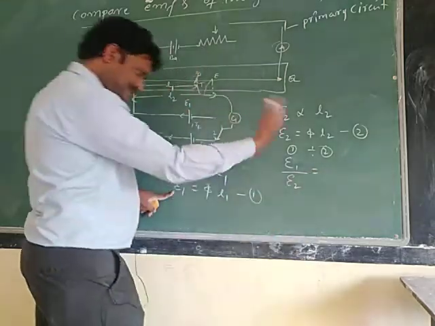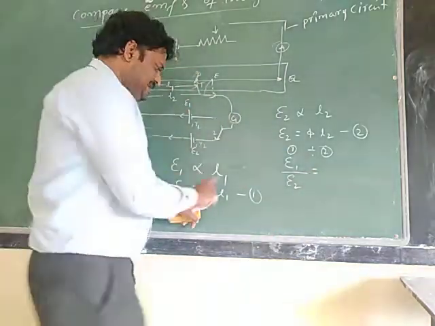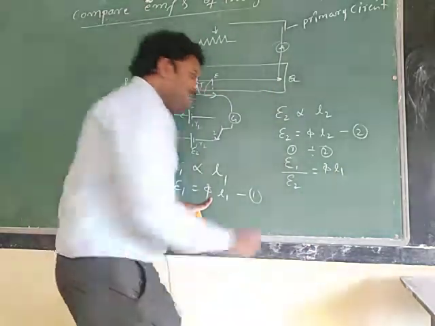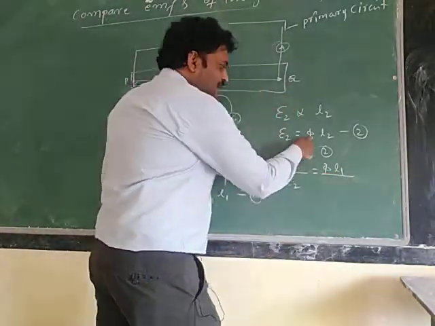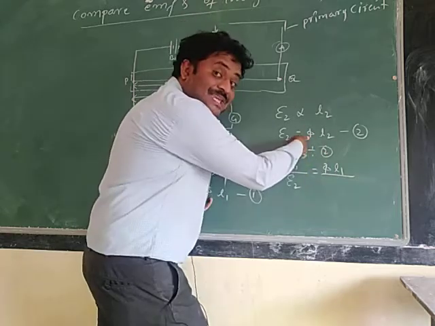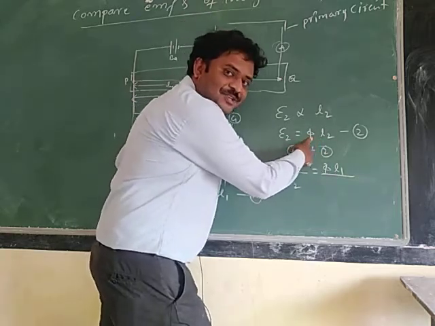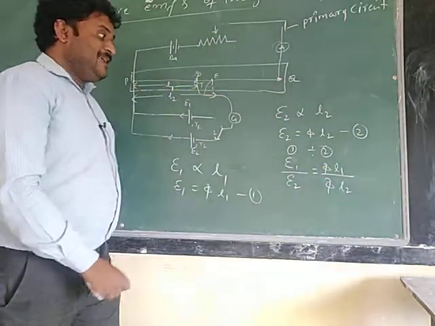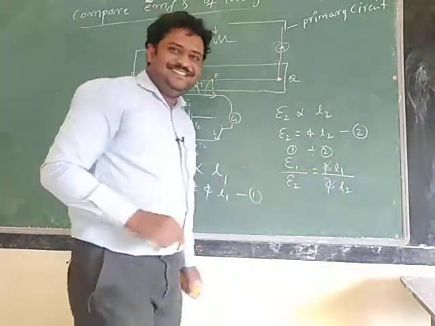On the right-hand side, it is pi into L1 divided by pi into L2. Pi will get cancelled.